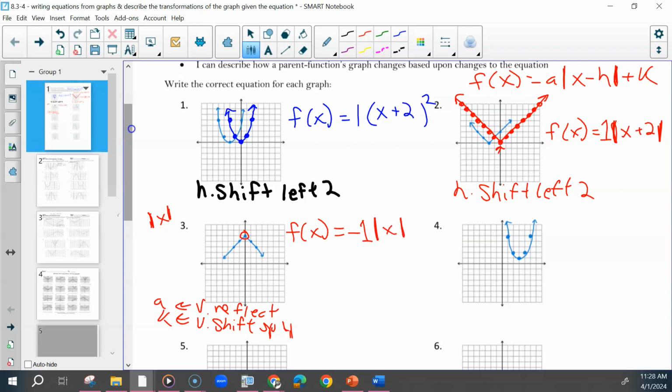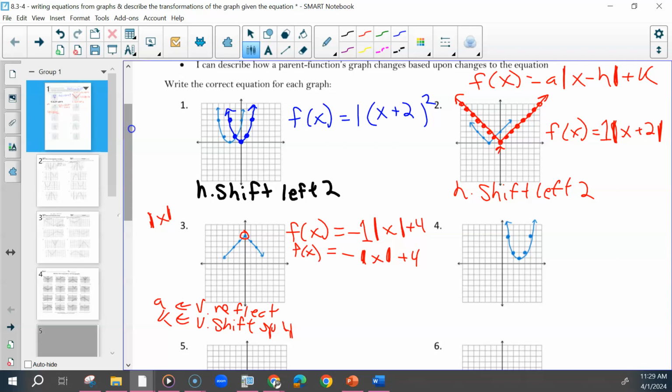We don't have an h. It didn't move left or right. So just absolute value of x, and then +4. You could also just write this as negative absolute value of x. So either or.